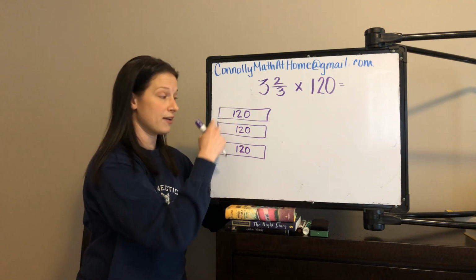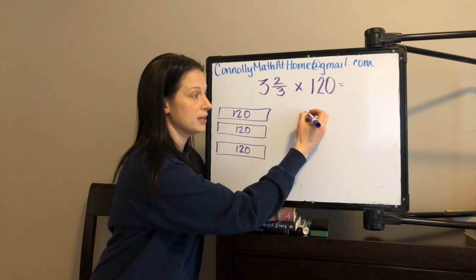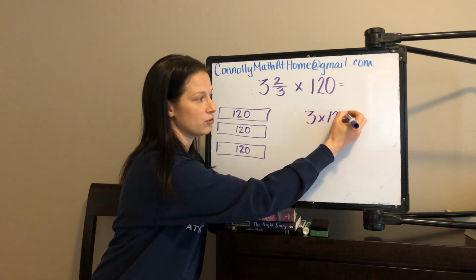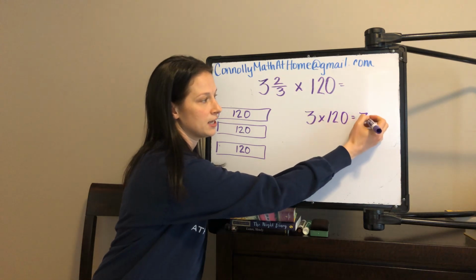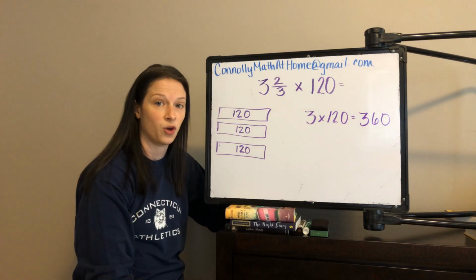So we have, you can clearly see we have 3 groups of 120, okay? So I am going to represent that with multiplication. 3 groups of 120 is 360 kilometers, okay?